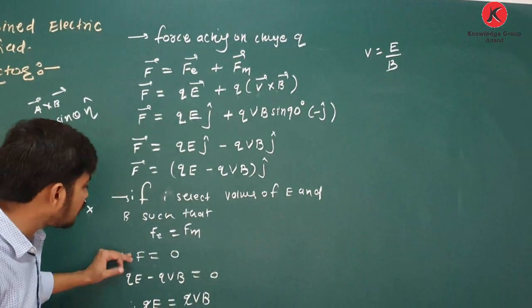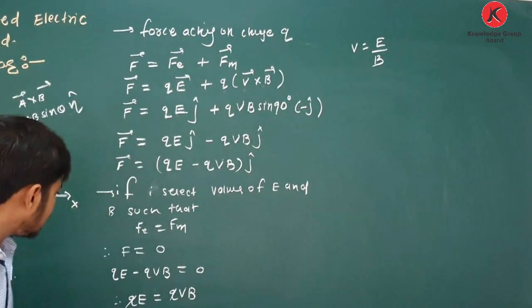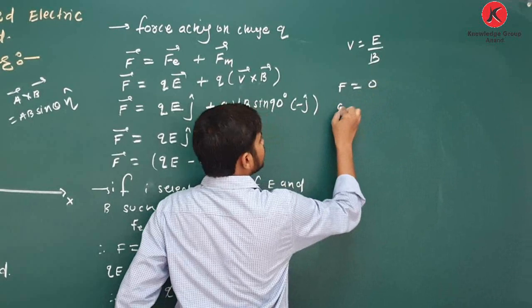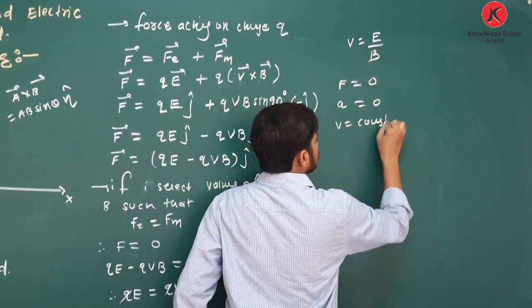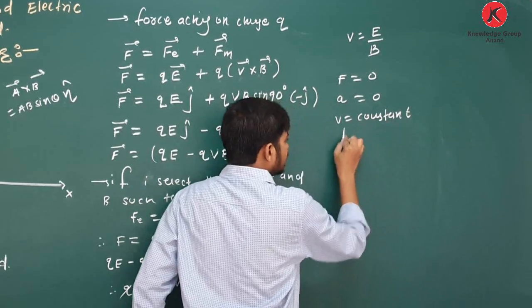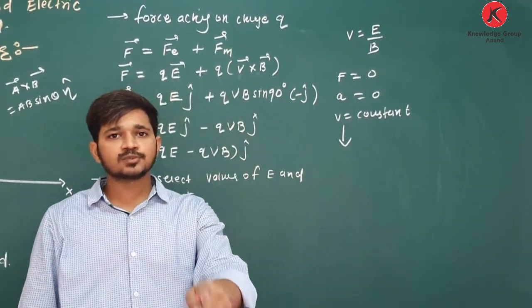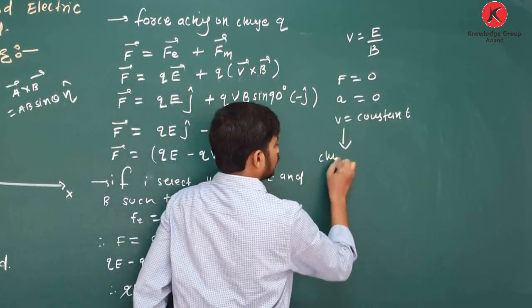Now, what is meaning of force? Students, again, what is meaning of force? Force is 0, it means acceleration is 0. And velocity is constant. It means charge is moving undeflected.